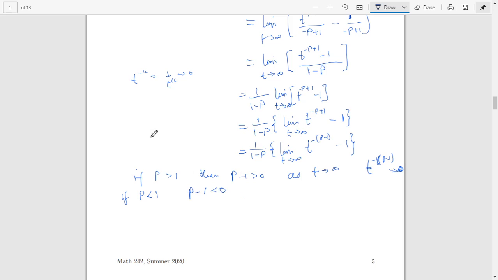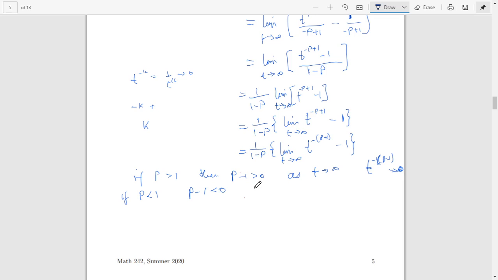So if it's less than 0, that means p minus 1 is going to be minus k for some positive number k. This whole thing is negative, and if I multiply that with the negative outside, I get a positive number. Instead of minus minus, I just get a plus k.